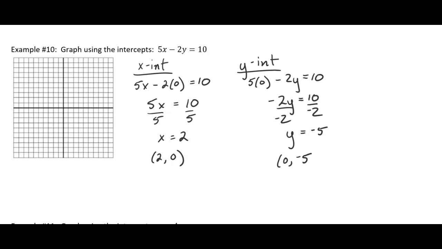And then I have to find a third point just to make sure everything's going well. I'll just pick 1 for x. So I have 5x minus 2y equals 10, and I'm going to let x equal 1.